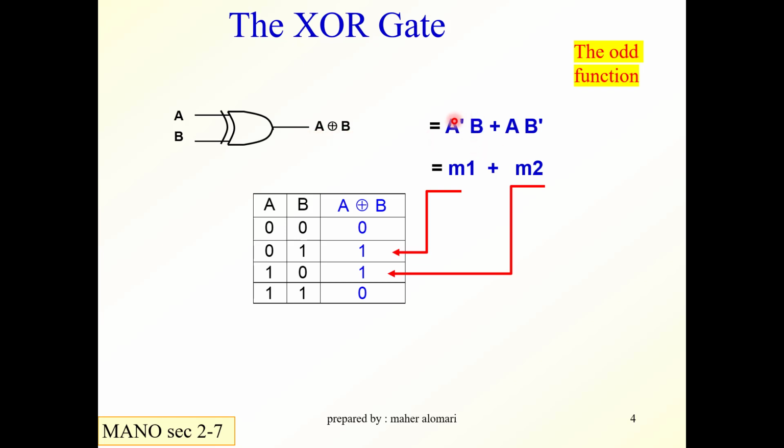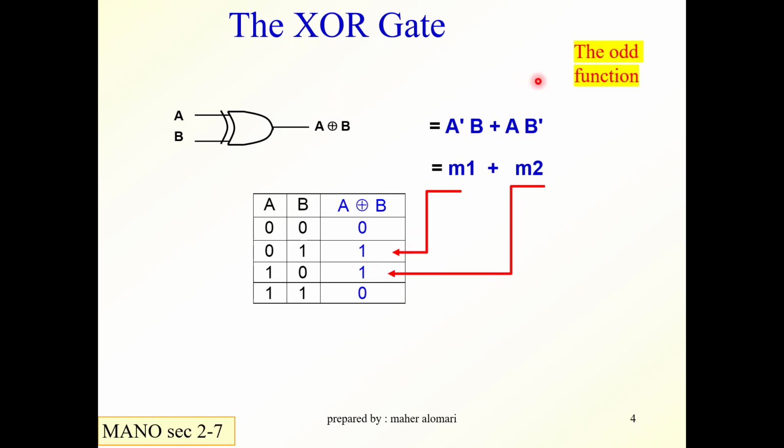This here is minterm number 1, and this here is minterm number 2. This is the truth table. This is minterm number 1, and this is minterm number 2.